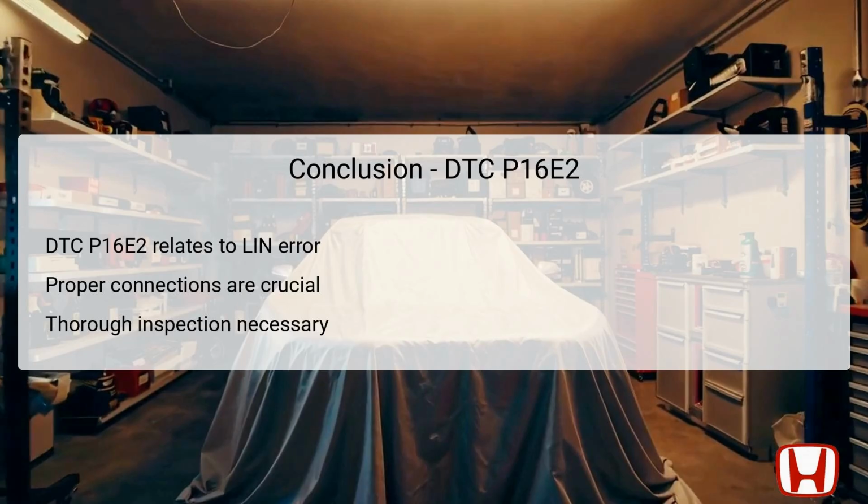A systematic and thorough inspection of each component involved, from wiring to individual parts like the PCM and alternator, is vital for effective troubleshooting. By following the outlined steps and ensuring regular preventive maintenance, vehicle operators can effectively mitigate the risks associated with communication failures in the future. Ultimately, addressing DTC P16E2 with diligence leads to better vehicle reliability and enhanced overall performance.